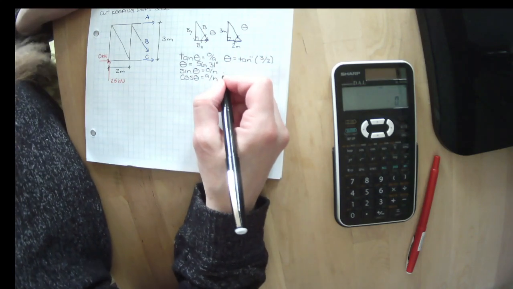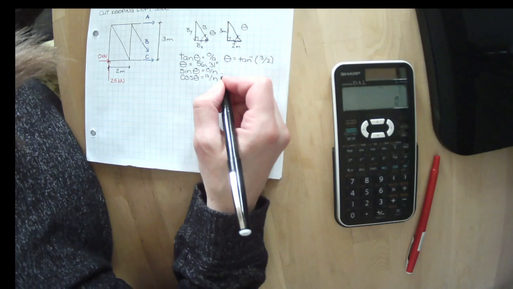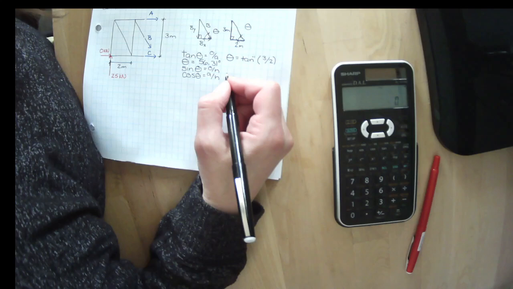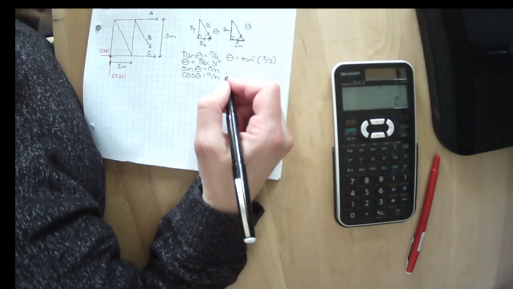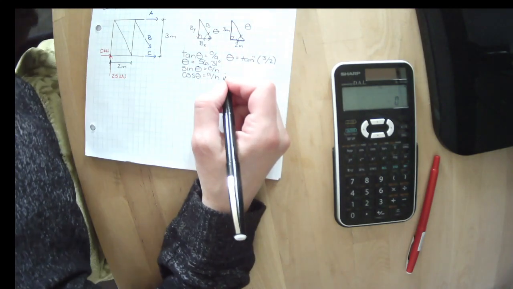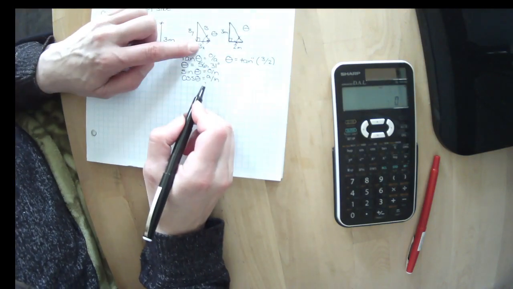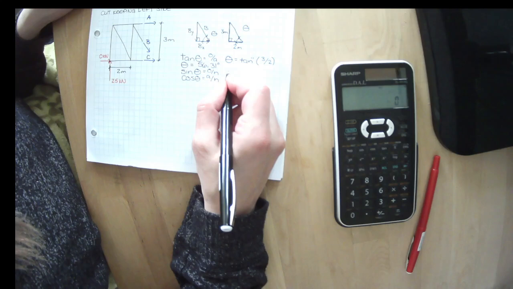We can write this out, but what we want to know is what BY and BX are.